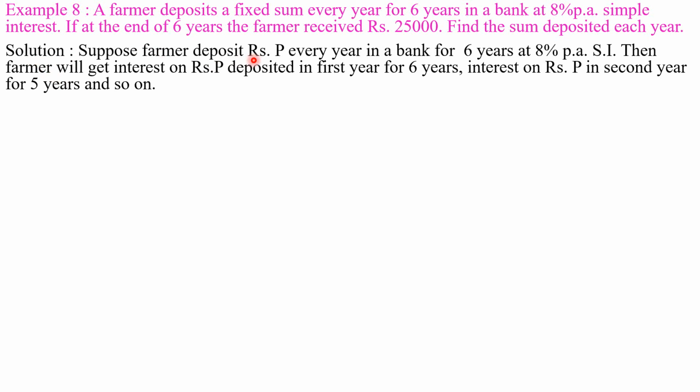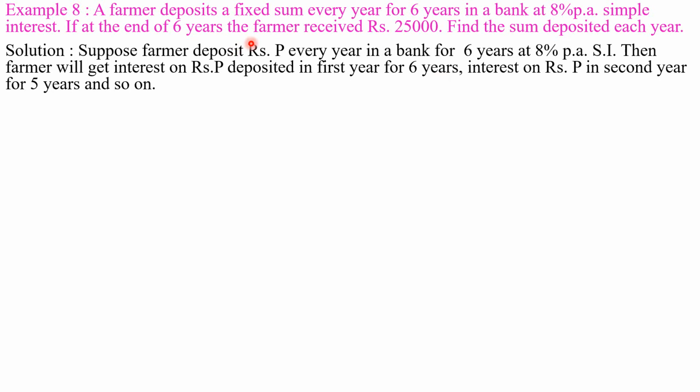Solution. Suppose the farmer deposited rupees P every year in a bank for 6 years at 8% per annum. Then the farmer will get interest on rupees P deposited in the first year for 6 years.